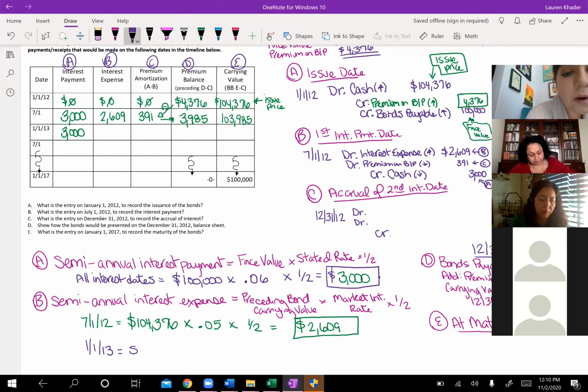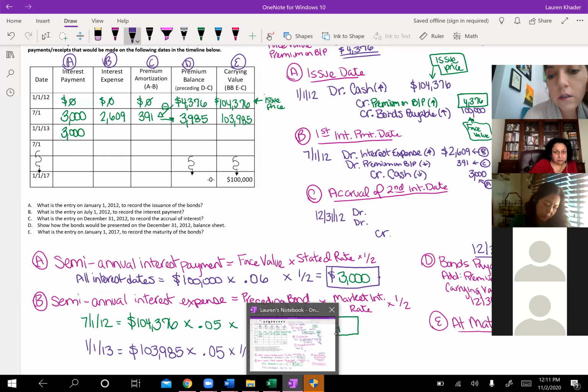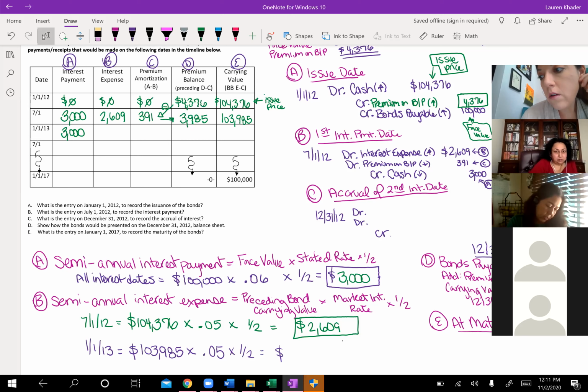So the preceding bond carrying value is now 103,985 times our market interest rate at the date of issuance, which was 5%, times 1/2. So the amount of interest expense, 2,599. It's going to be 2,600 rounded.